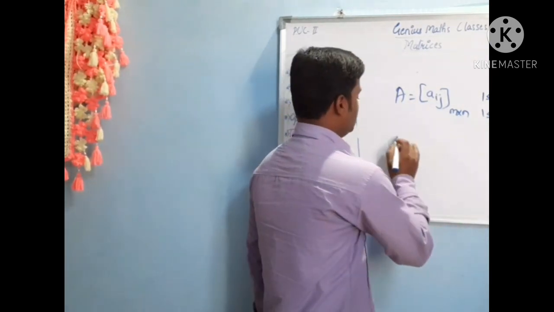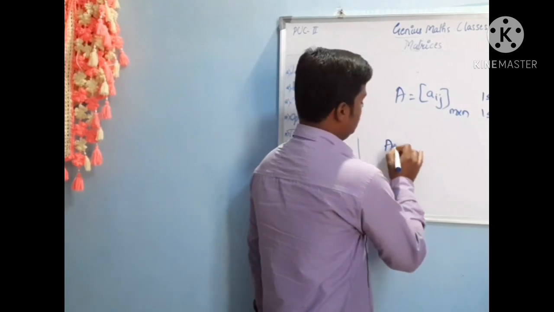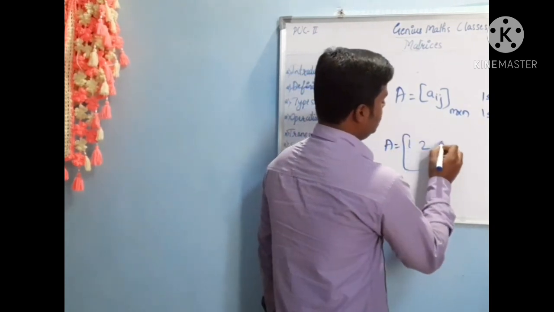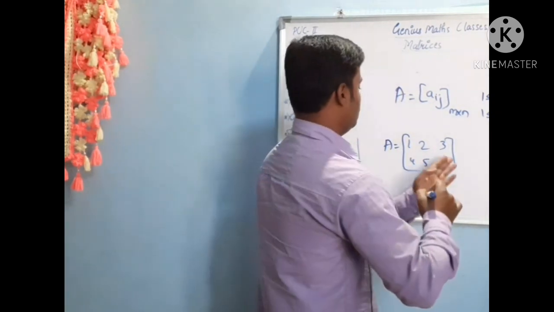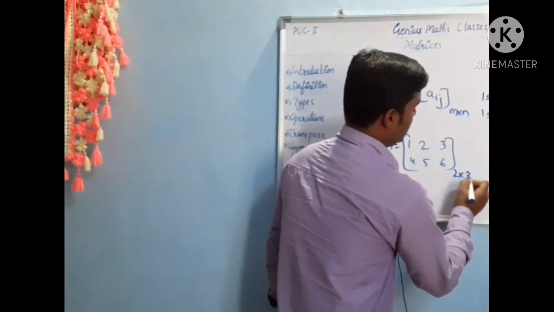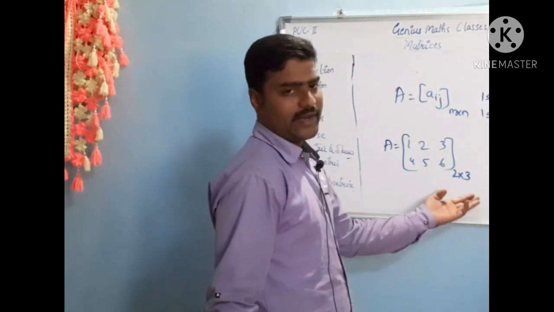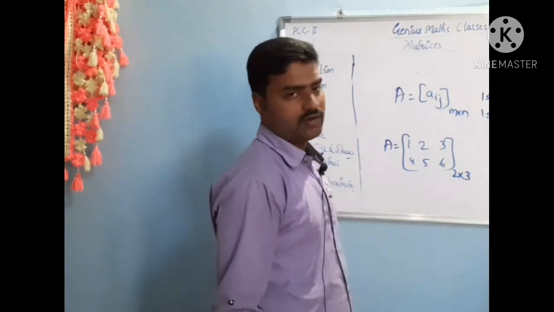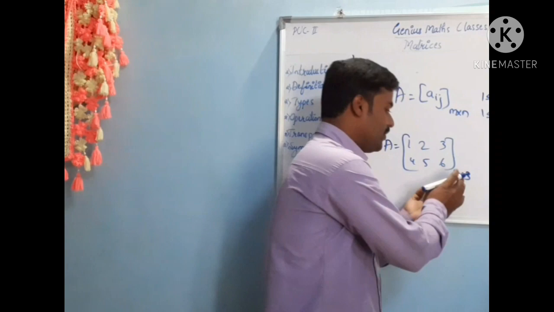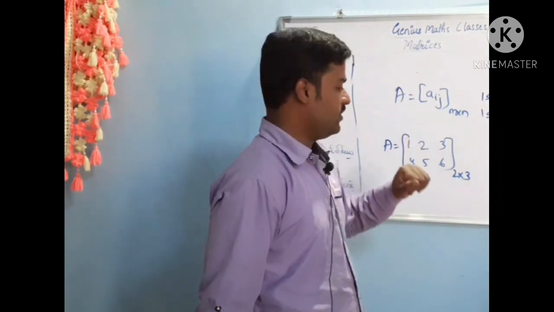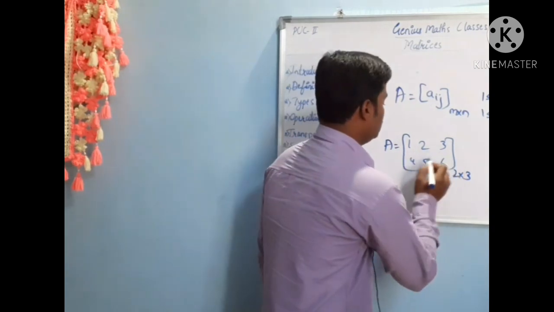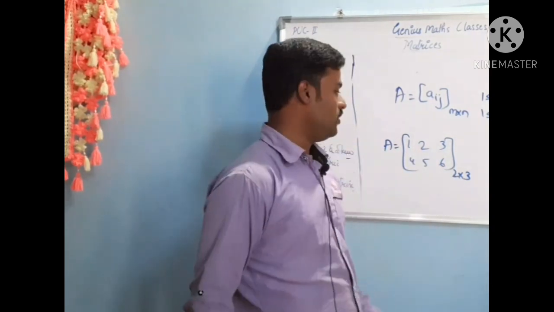So if I write 1 2 3 4 5 6, then 2 cross 3 is the order of the matrix. Depending upon the order of the matrix, I can count the number of elements in it. 1 2 3 4 5 6, how many elements?